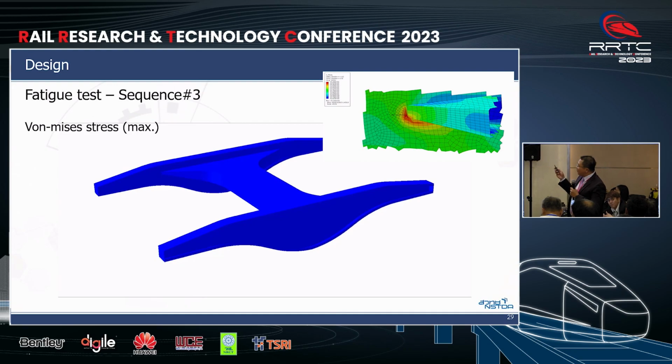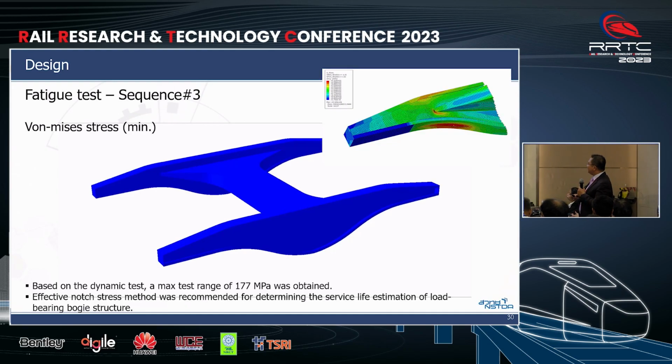And we go further to load sequence 3, according to the load sequence that I showed you. Finally, the maximum test stress range is around 180 megapascal, which can be obtained at the sensitive location on the bogie.